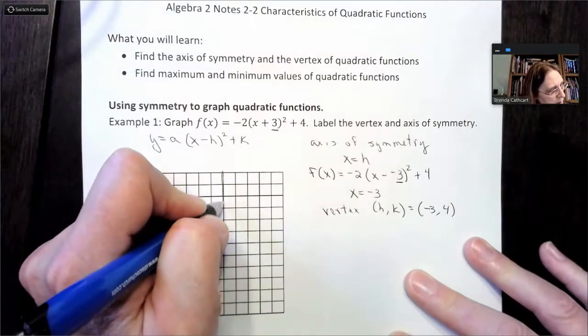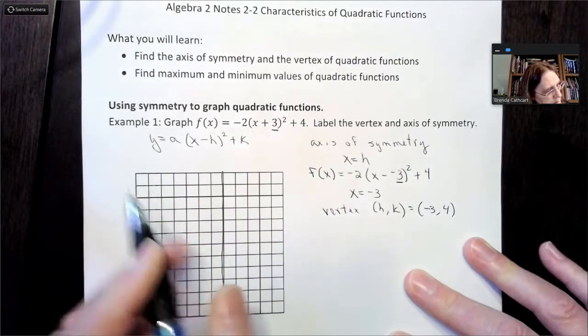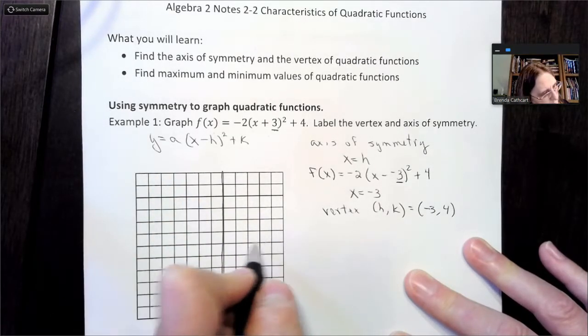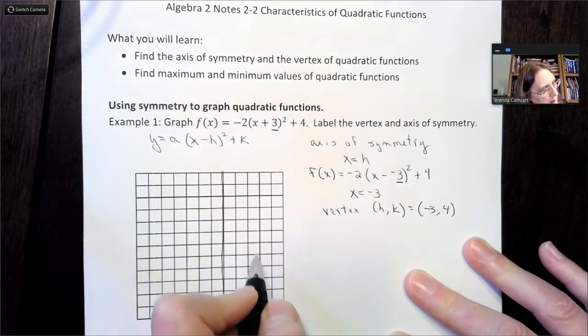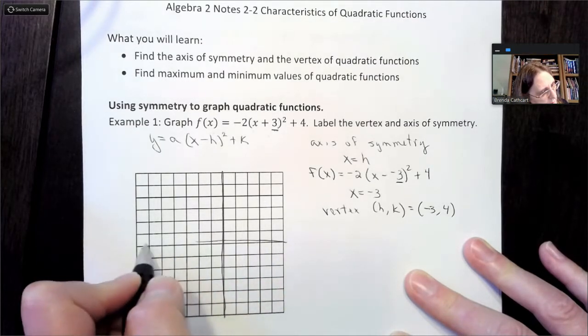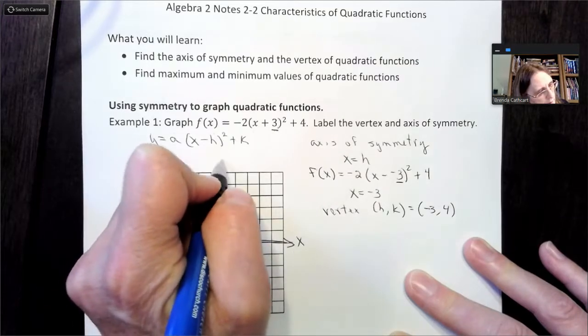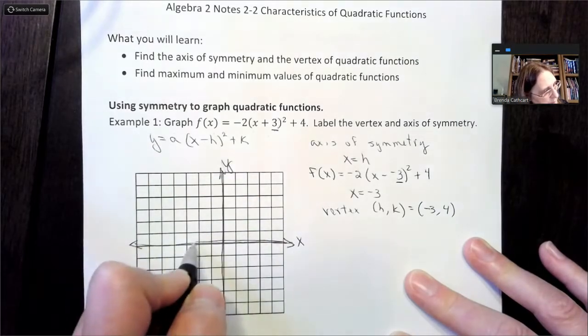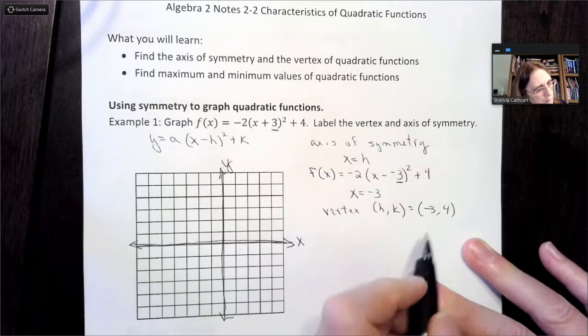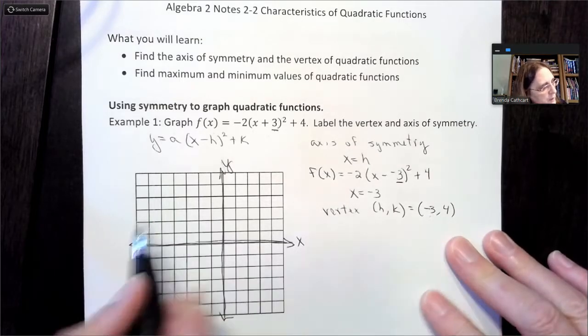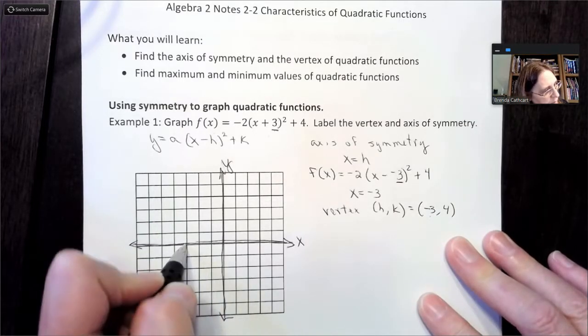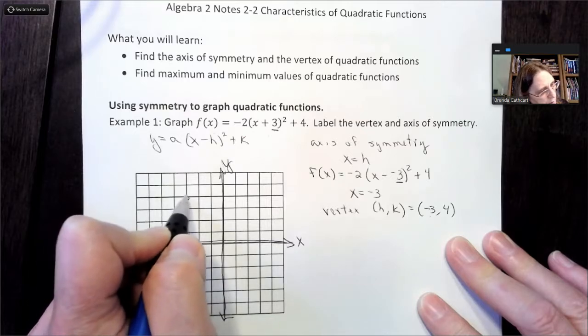So let's put an x and y axis on our page here. So our x-axis and our y-axis, going by a scale of 1, the point -3, 4 is here.